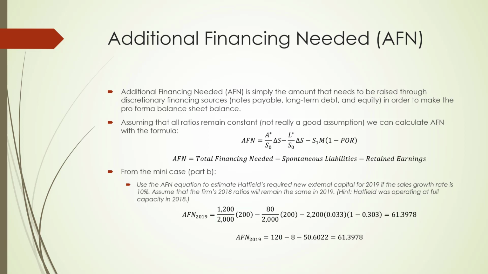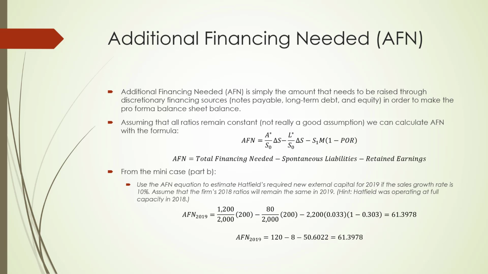Remember that our estimate for sales next year is 2,200, so the change in sales is 200, minus the additional spontaneous liabilities that we're going to have. That's 80 divided by 2,000 times 200, and then minus the additional retained earnings that we're going to have, which is the 2,200 times 3.3% times 1 minus 30.3%.